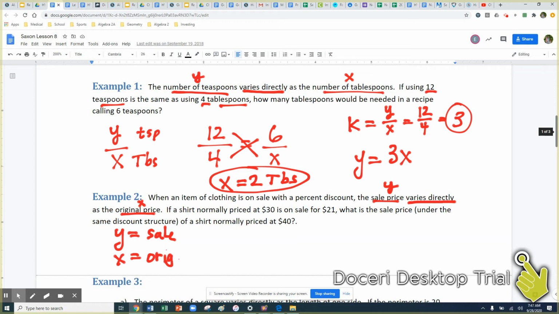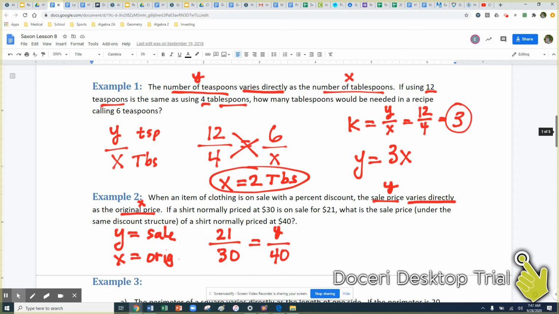So we've got a sale price of 21 over 30 is going to equal a sale price of something over 40. I'm just writing my proportion out with both sides as ratios, making sure I go sale price to original, sale price to original. So I've got 21 over 30 equals blank over 40. And here we're probably going to want to use our calculator a little bit.